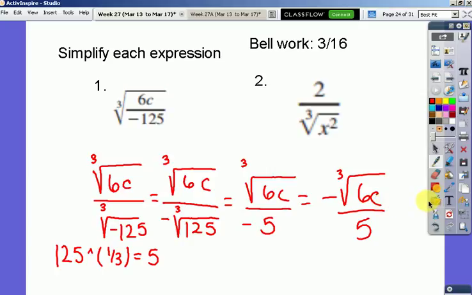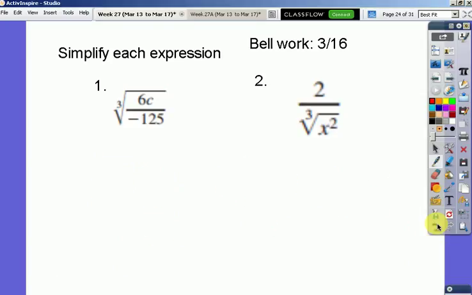Okay. Let's move on to the next one. Alright, so I kind of messed this one up last time, but basically with cube roots in the denominator, you're trying to find something to multiply the radicand by to get a perfect cube.